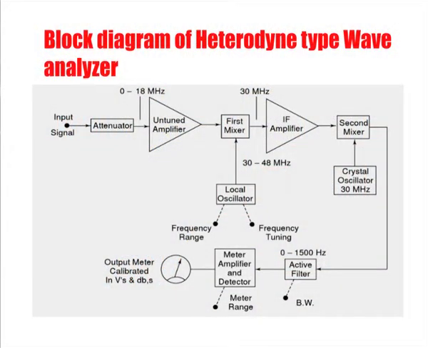This has been done just to bring the band of the input signal, the frequency range of the input signal, within the desired range, and it is then fed to the IF amplifier. The output of the IF amplifier is then fed to the second mixer.